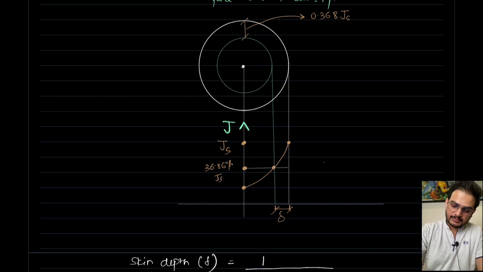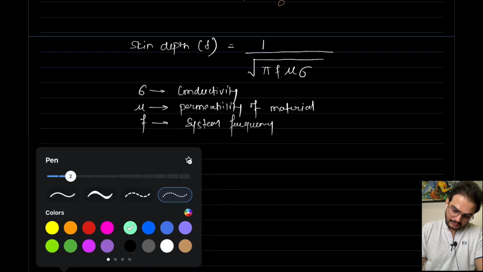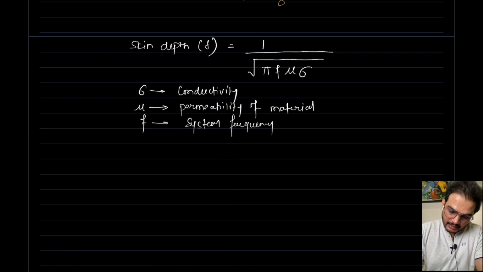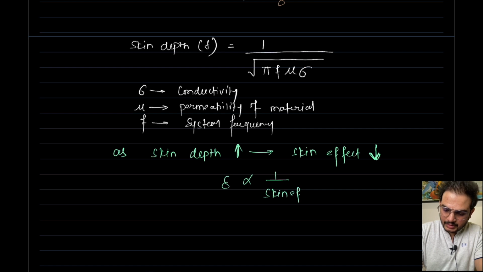They have inverse proportionality: as skin depth increases, my skin effect decreases. Skin depth is inversely proportional to skin effect.